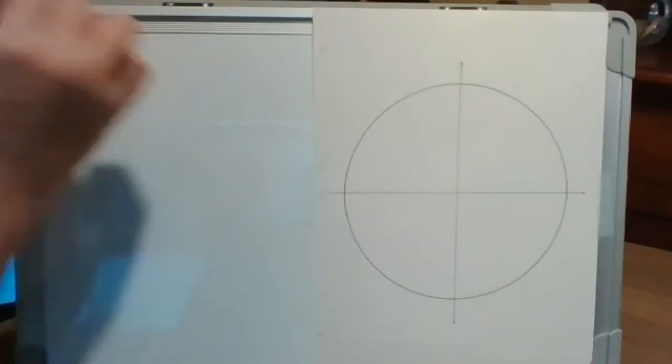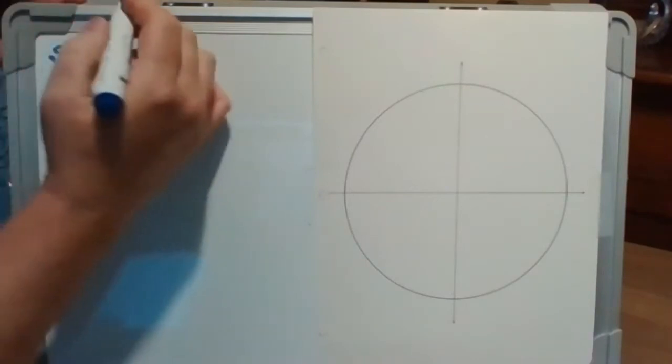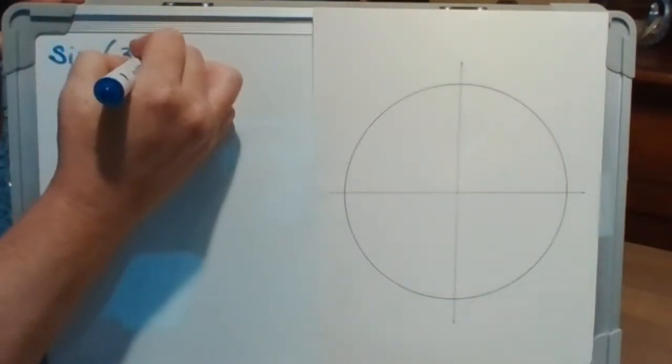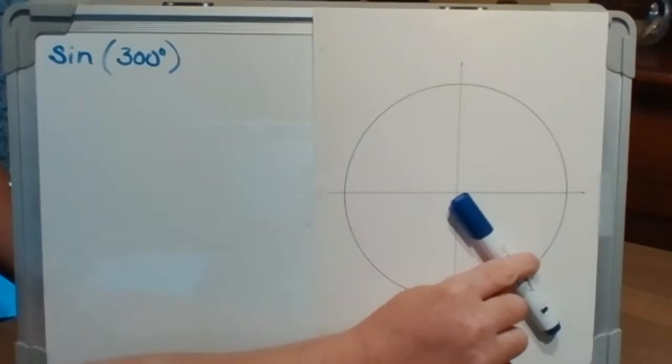Let's find sine of 300 degrees. Sine of 300 degrees is going to be in quadrant 4.